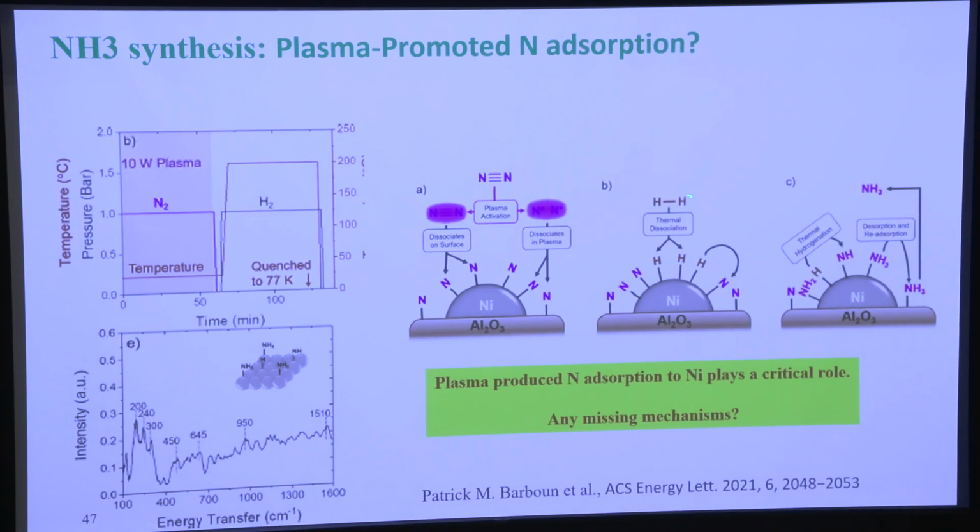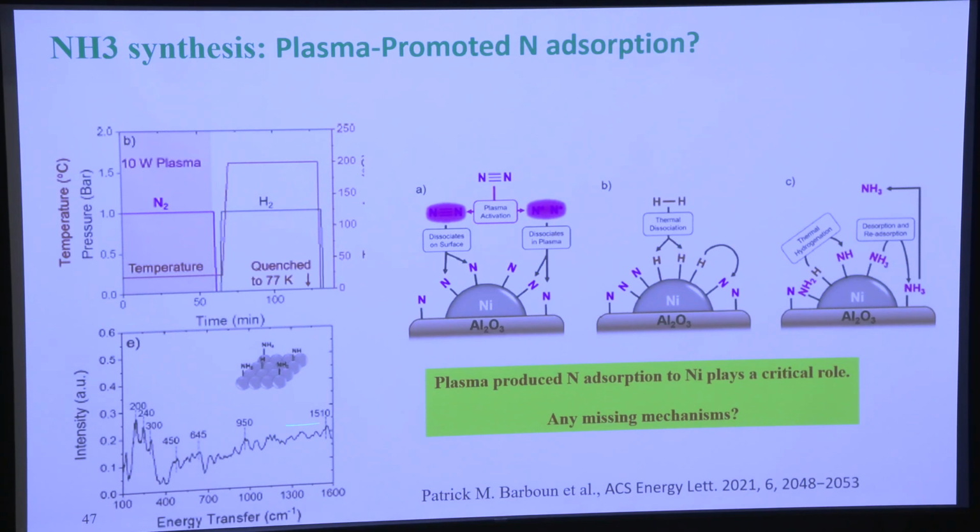Then you flow hydrogen, the nickel activates hydrogen, and forms hydrogen atoms on the surface. This hydrogen atom reacts with the nitride and forms ammonia. They conclude that nitrogen adsorption on the surface becomes critical.